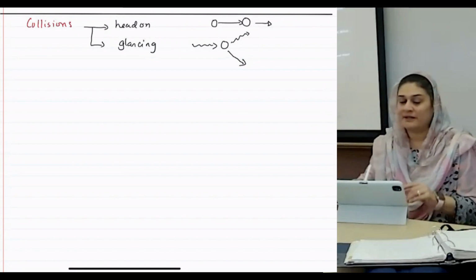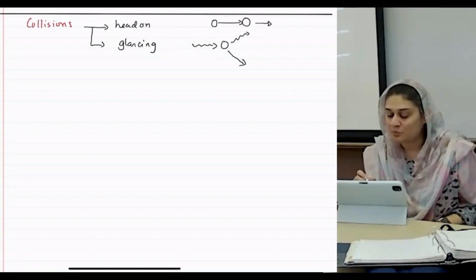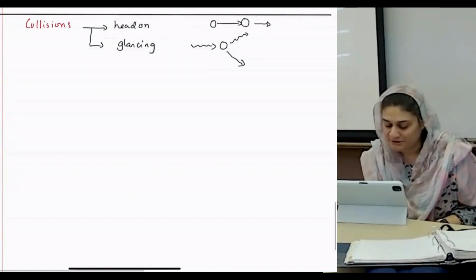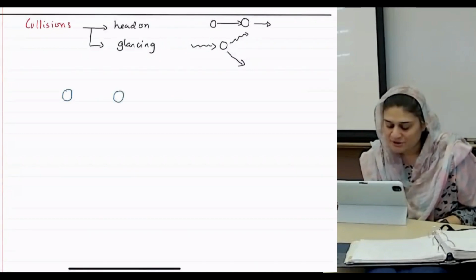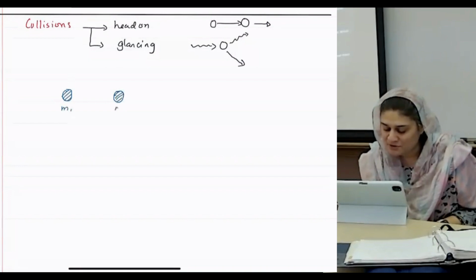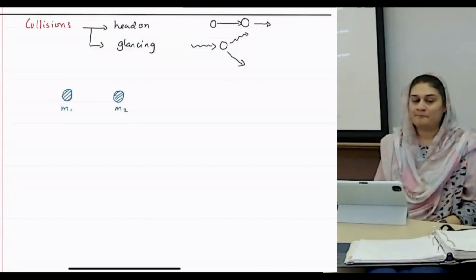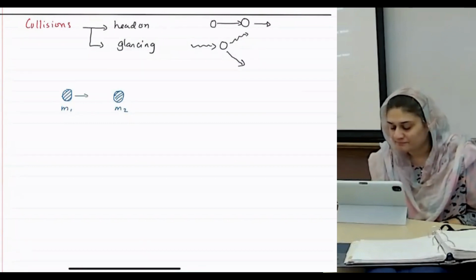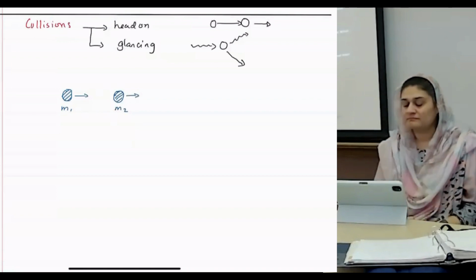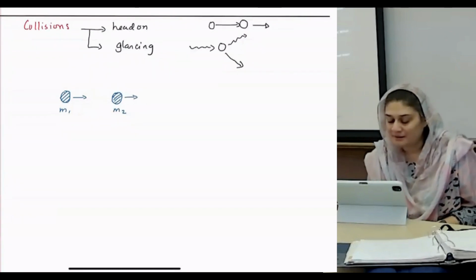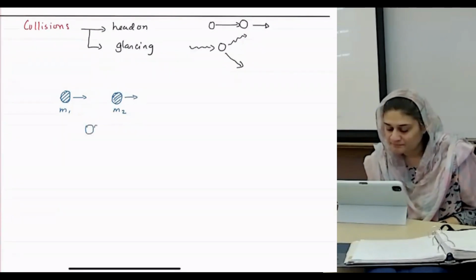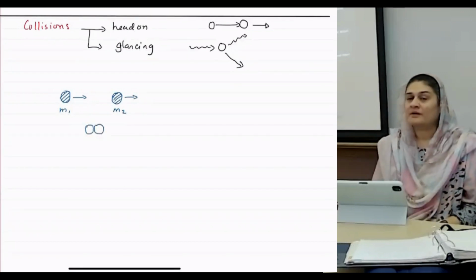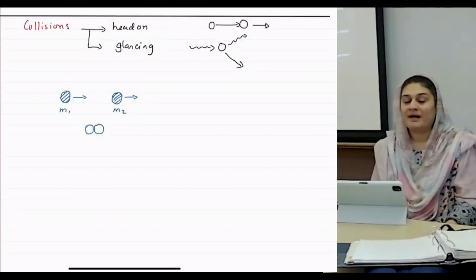You're both moving in the same direction. What can I do about that collision? One mass, two mass. I'm not saying which mass is bigger, which is smaller. I'm just calling it M1 and M2 for now. They are both moving, and they come together. That's called impact. And then they go away.